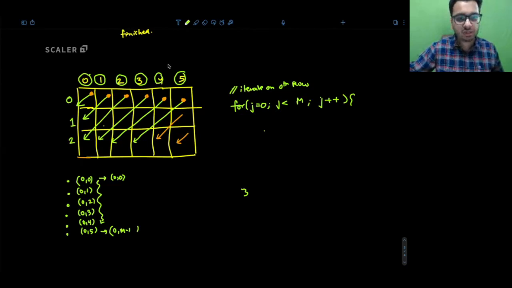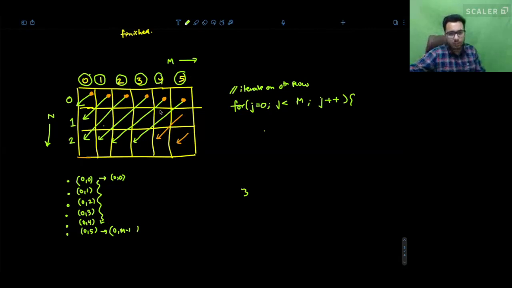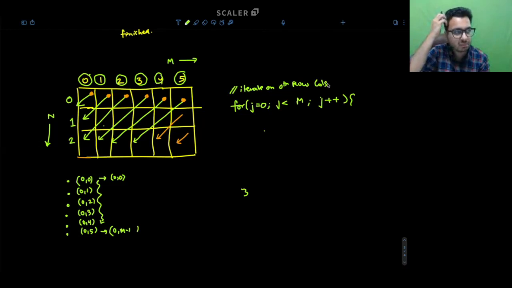I'm iterating over these numbers. Okay, so this is m and this is n. I'm iterating on columns actually. Iterate on zeroth row columns. So j would be less than m. Does it make sense?